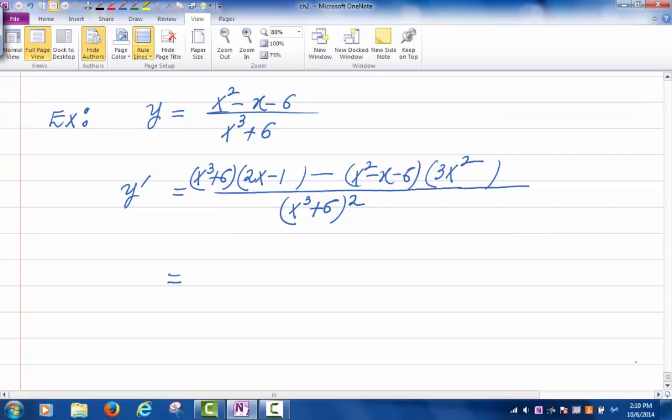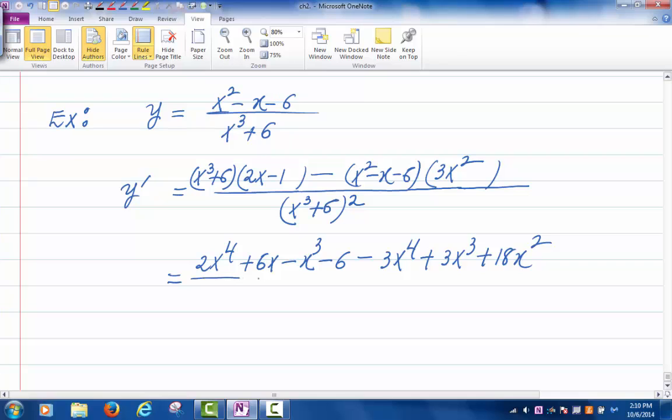So if I multiply out everything, what do I get? 2x to the 4 plus 6x minus x cubed minus 6, and then minus 3x to the 4, and then it will be a plus 3x cubed, and then I'll get a plus 18x squared, right? The whole thing will be over this.